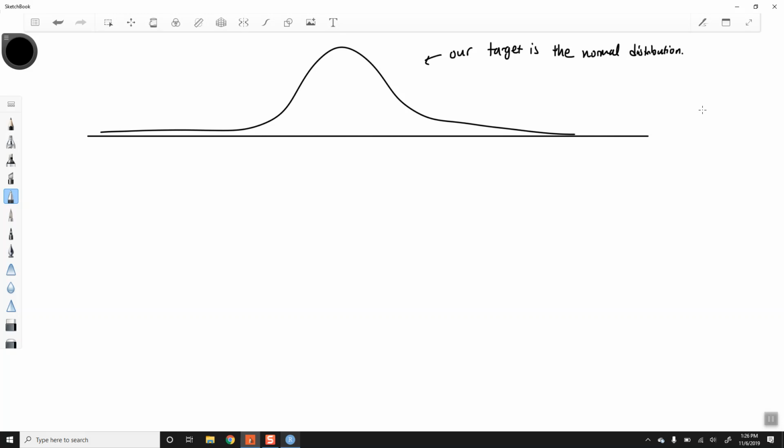Let's say we start off in a region way out here, so x at time t is like -40.